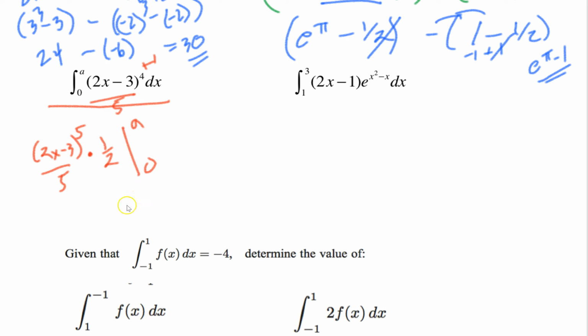Then here we just plug in a, and then minus plug in 0, so 2 times 0 minus 3, all to the 5th over 5, times 1/2. And whatever I get from that is my answer. That's the general idea.